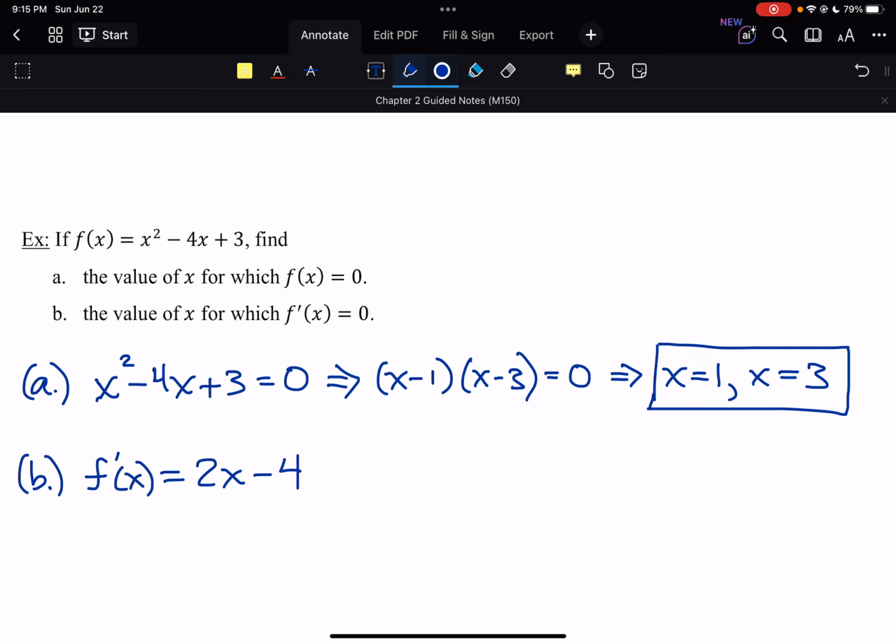So we're going to set this equal to 0. So we get 2x equals 4. And we get x equals 2. So this is the value where the derivative is equal to 0.